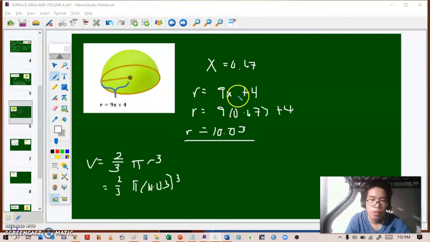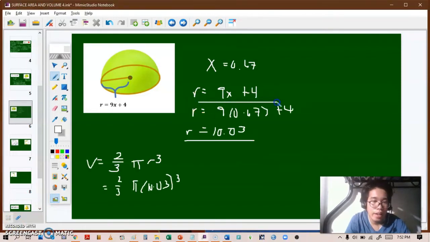Therefore, we can solve for the value of r. The radius is equal to 9x plus 4, and substituting x equal to 0.67, we get that the radius is equal to 10.03 meters. That's the radius of the dome.